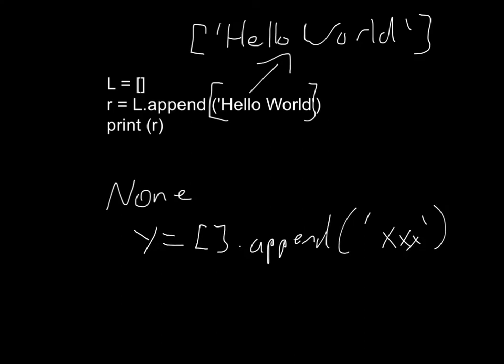What it ends up doing is modifying our empty list, but with no reference to our empty list, appending something to it. So we append something into that list, and our list now ends up containing xxx, like that. But then y ends up with the return value from append, and the return value from append is just None.